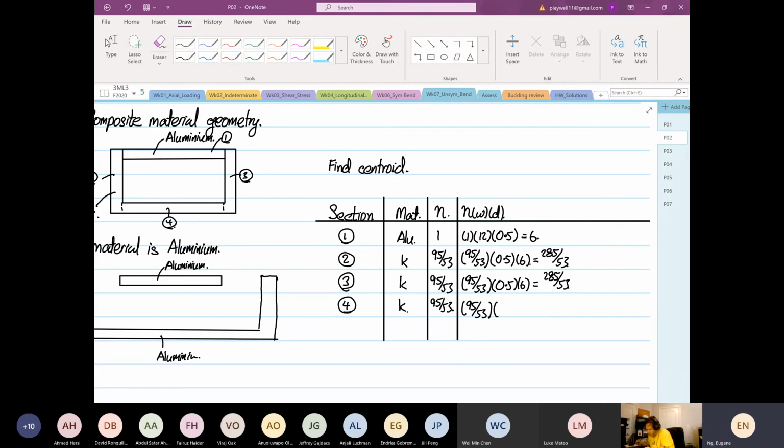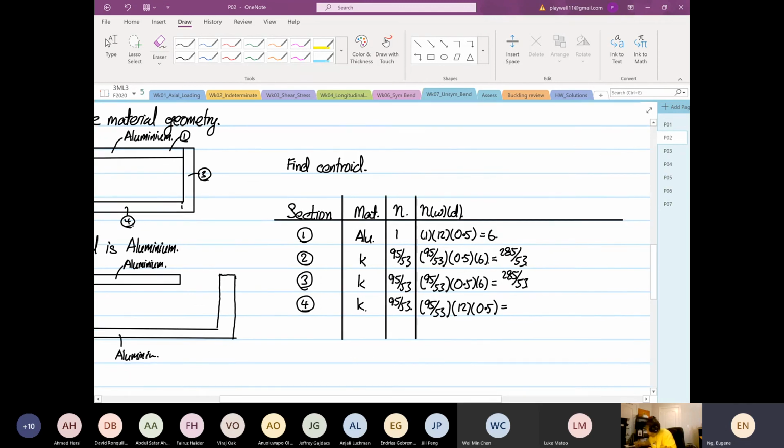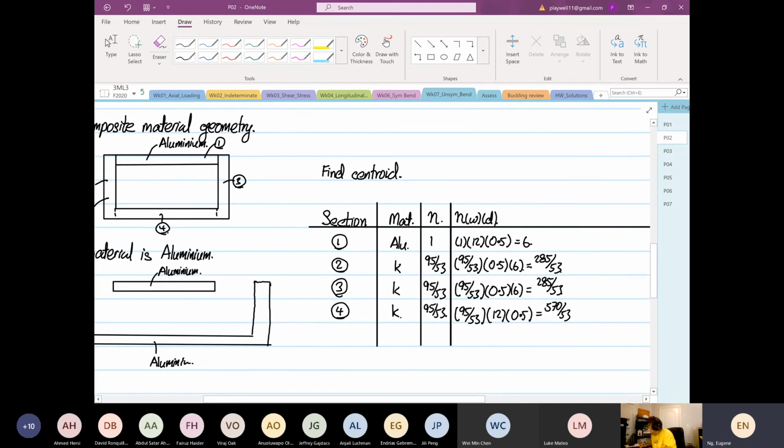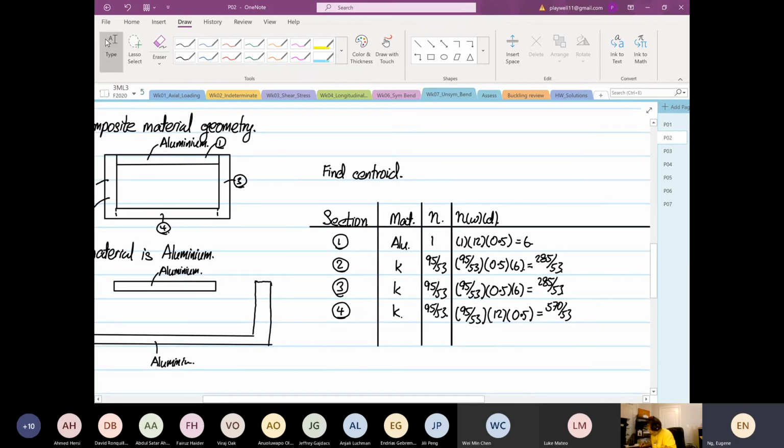I don't need to minus 0.5. The way I've divided it, the width is 12, and the depth is 0.5. So 95 over 53 times 12 multiplied by 0.5 is equal to 570 over 53.